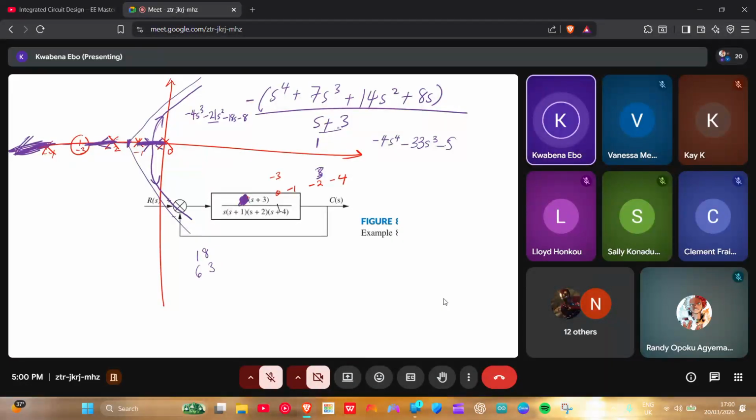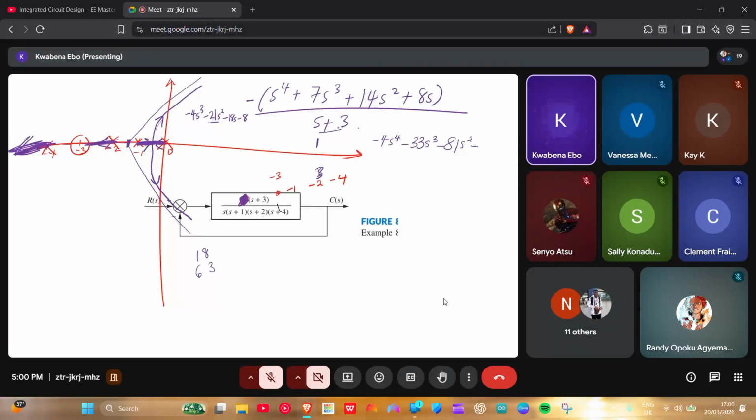That's if I write s squared minus 8 54 62 s minus 24.